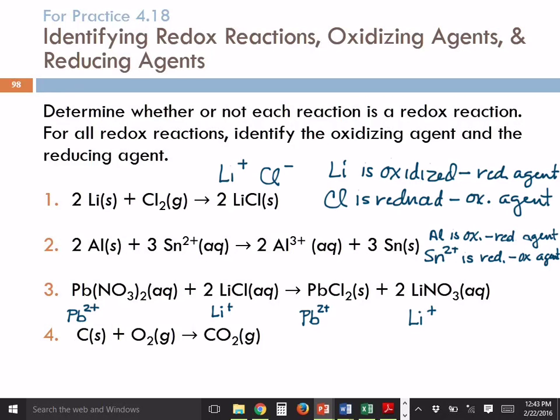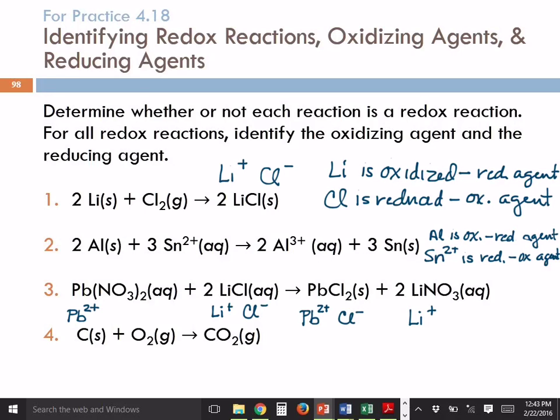Was it oxidized or reduced? Nope. How about chloride? Did chloride get oxidized or reduced? No, because here it's an ion, -1 charge, and here it's an ion, -1 charge. Is this a redox reaction? No. No electrons were transferred.